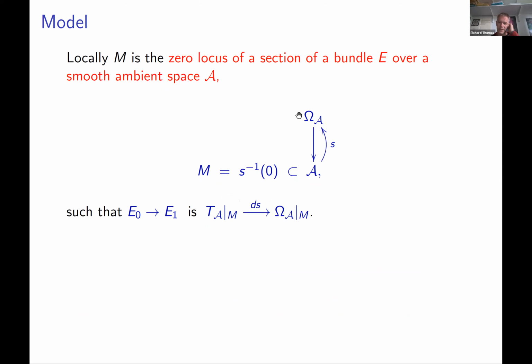Here it turns out to be the cotangent bundle. And the zeros of that section are your moduli space. And the relationship to this obstruction theory is that this obstruction theory is just the derivative at the zero locus, so on M, of this nonlinear picture here. So it's the linearization of this nonlinear picture. So if you take the derivative of this picture here, you get this.